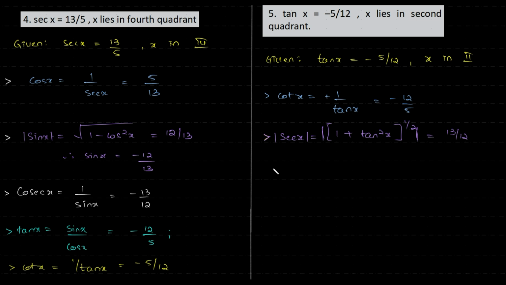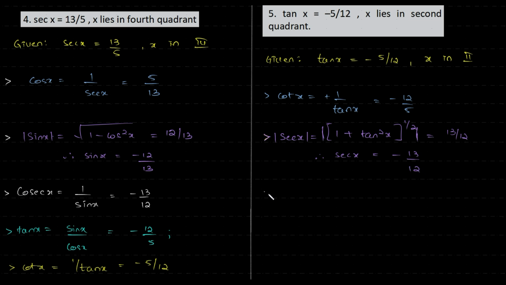This is 13 by 12, and then we have, oh no, I'm not yet completed. Therefore secant x, we're talking about the second quadrant, so this is minus 13 by 12.